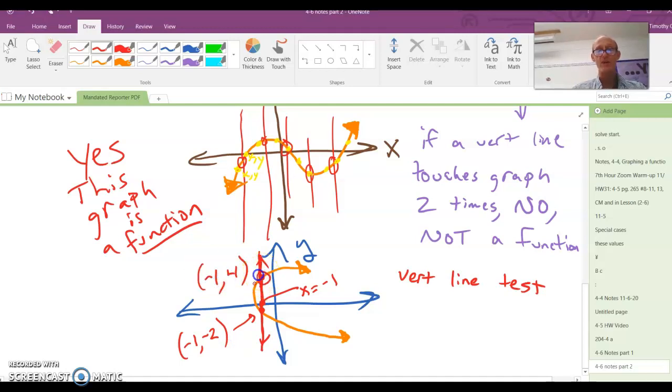So this point and this point have 2 different outputs for the same x. So this orange graph is not a function.